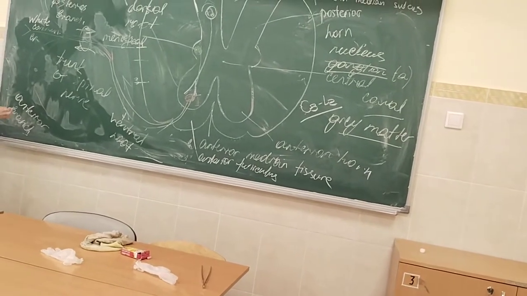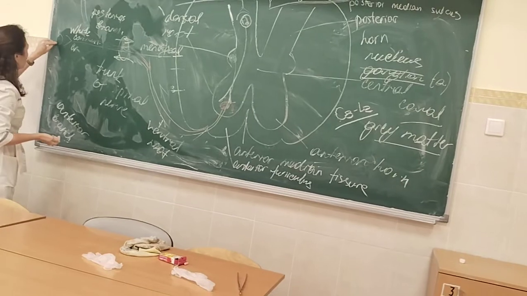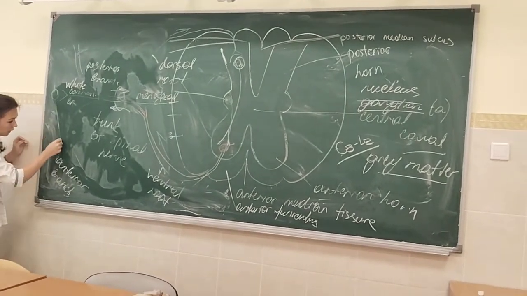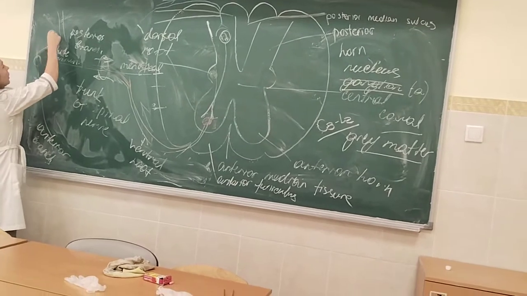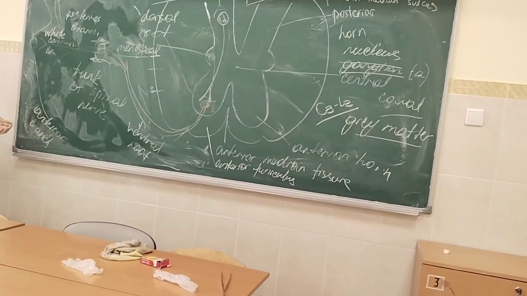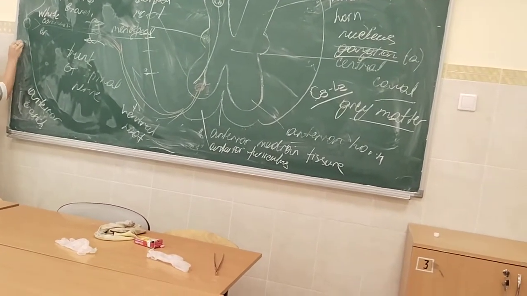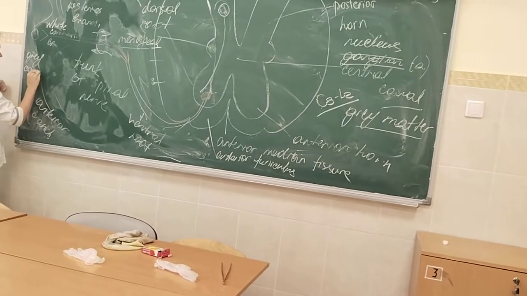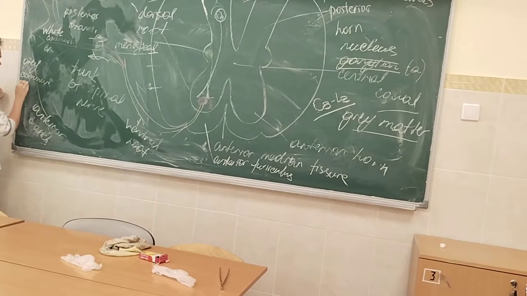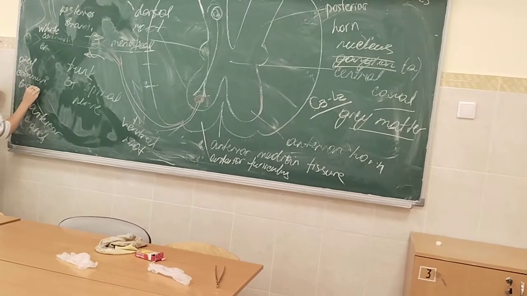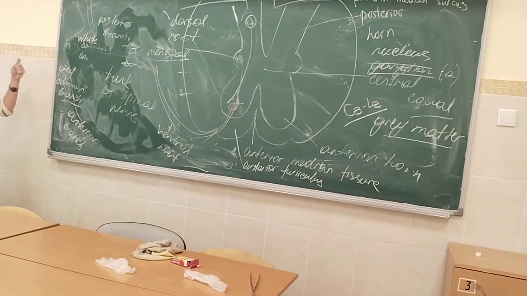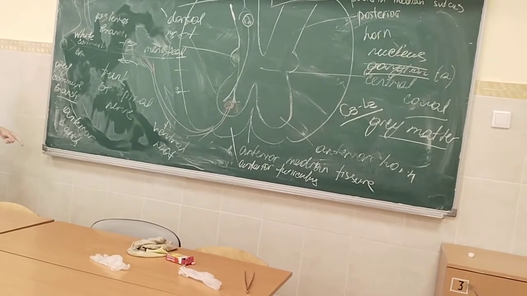This white communicating branch comes up to the autonomic ganglion, and from the autonomic ganglion gray communicating branches start and join the anterior and posterior branches.